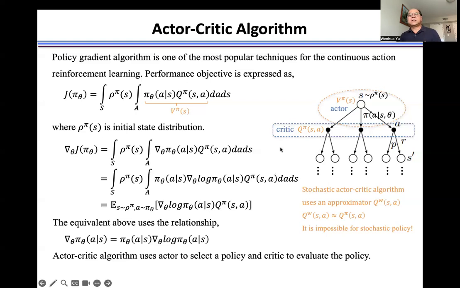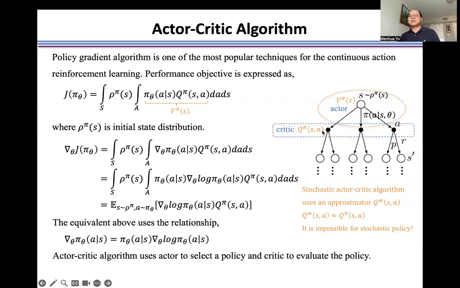In the actor critic method, the policy is the actor that selects the action, and the Q function is used as a critic to evaluate this policy, to see if it is good or not.